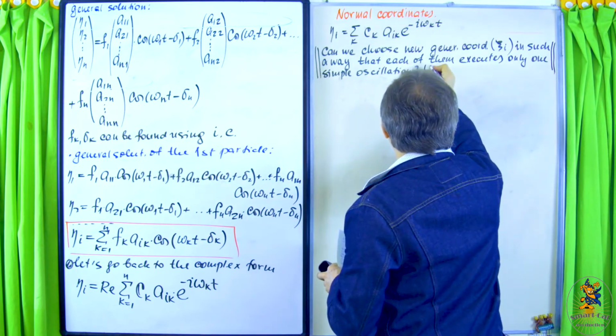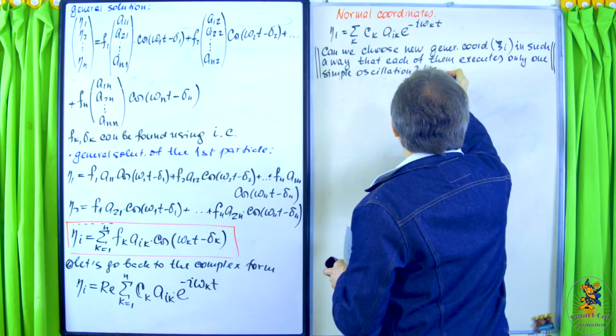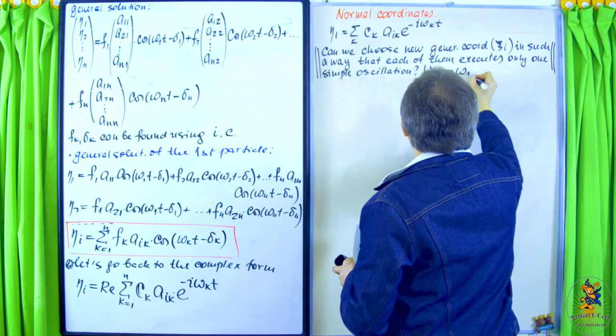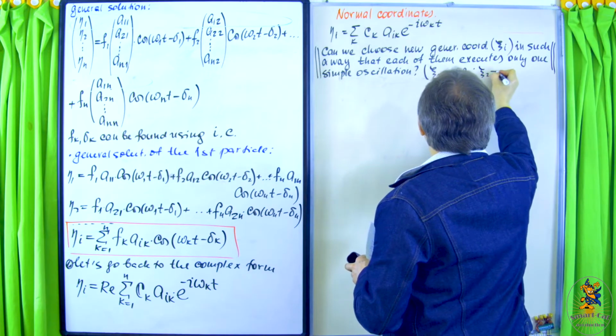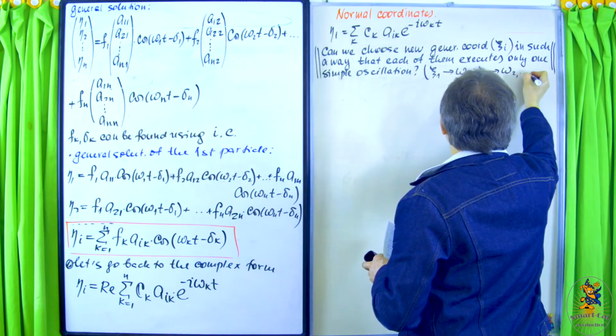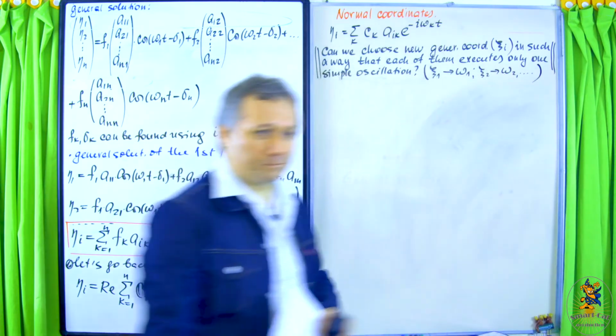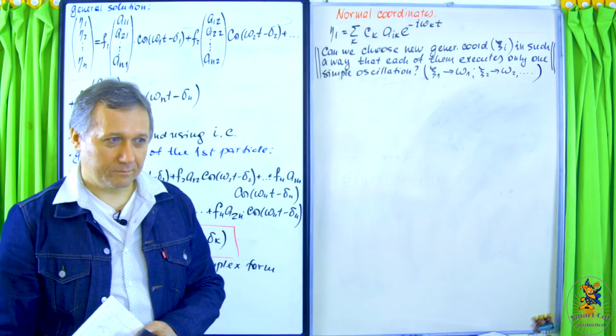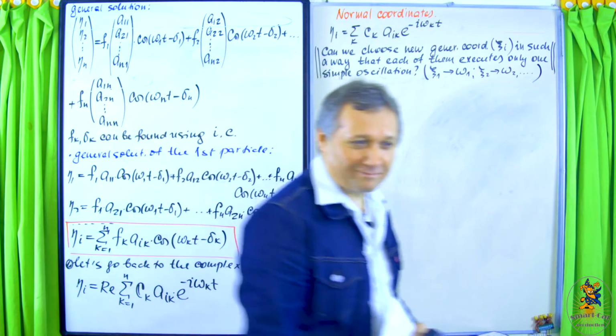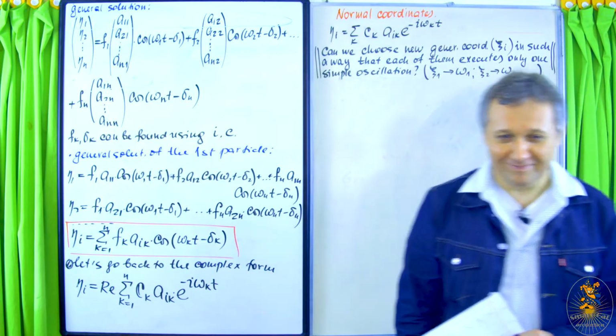Maybe I emphasize: psi1 with omega 1, psi2 with omega 2, and so on. Why not? It doesn't hurt to dream, right?